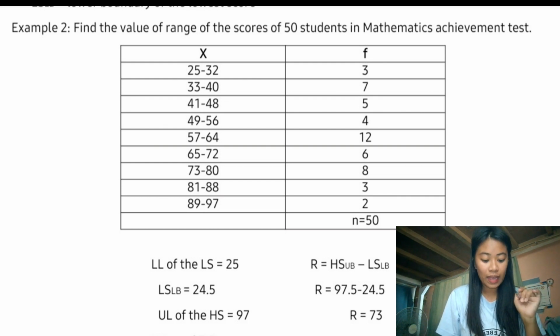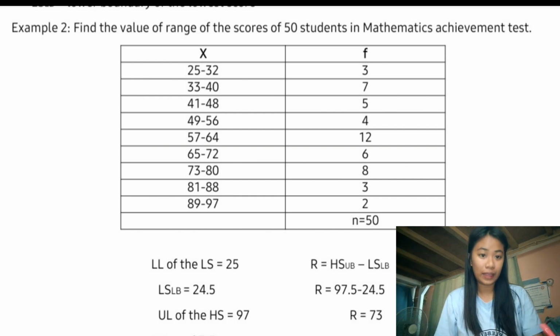The range is HSUB minus LSLB, so R equals 97.5 minus 24.5. So the range for grouped data is 73.